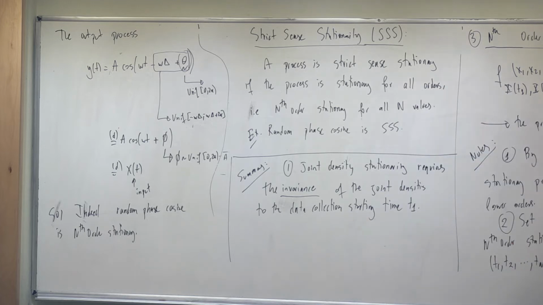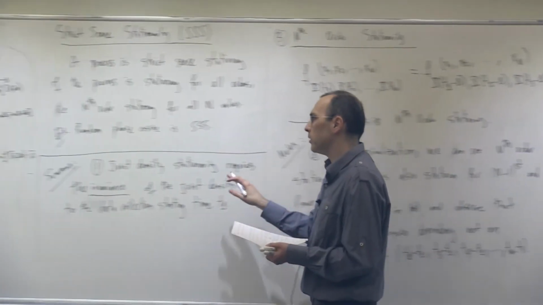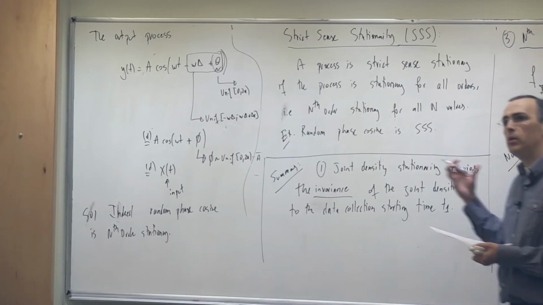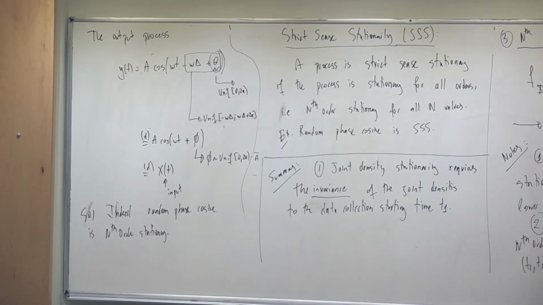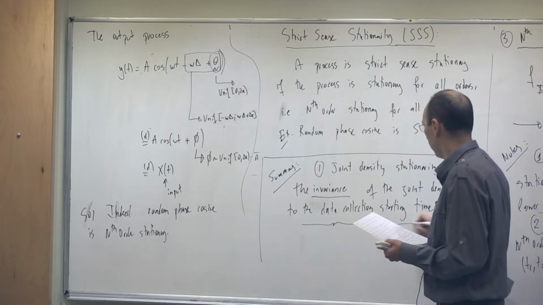Actually, we have also written this one more time. For nth order, we may assume T1 is equal to 0. This is compatible with our stationarity or steady state definition in our mind. It doesn't matter when you start. Okay. This is observation number 1.